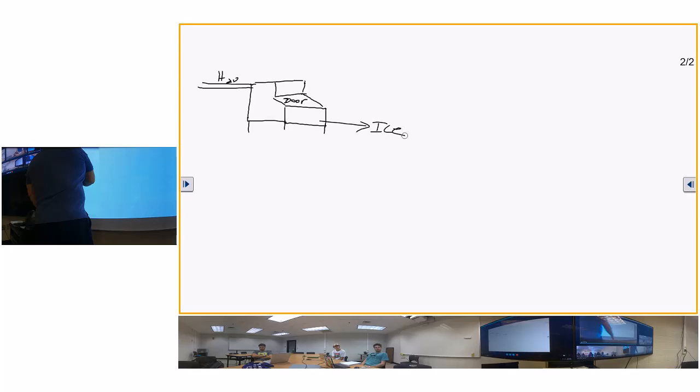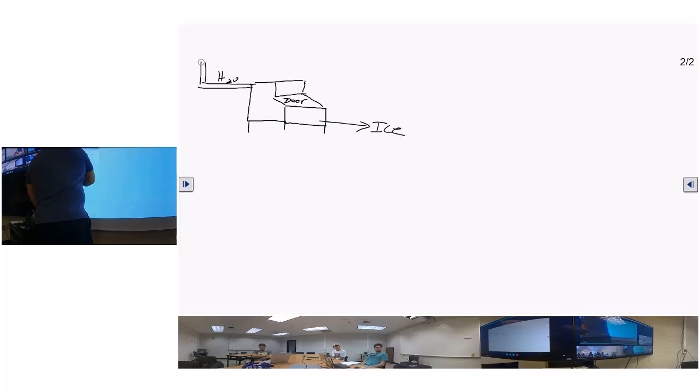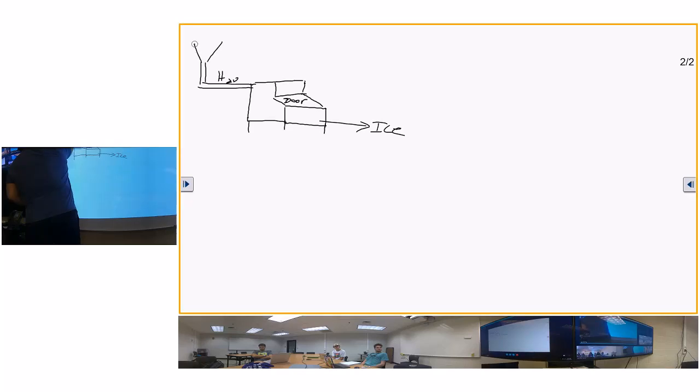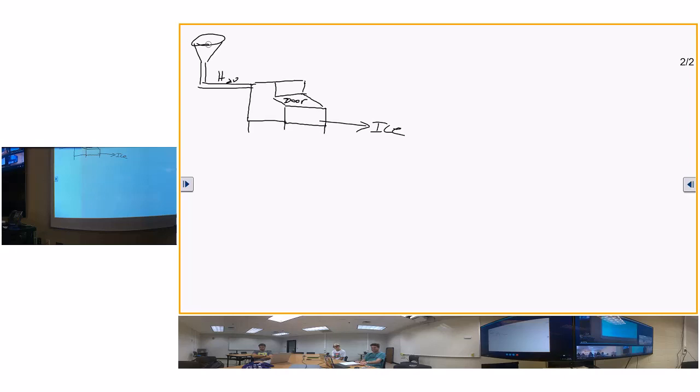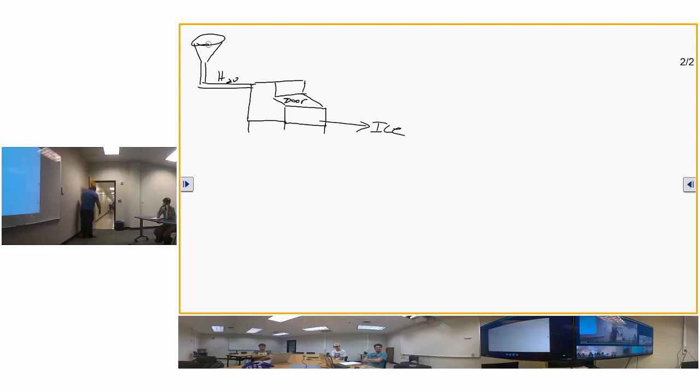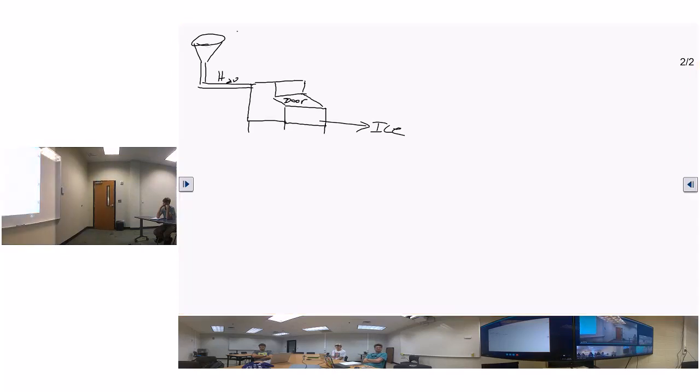Question I want to ask you: let's say I cut off the water supply and I put a funnel up there. And when I put a funnel up there, I pour in 5 gallons of cherry Kool-Aid.